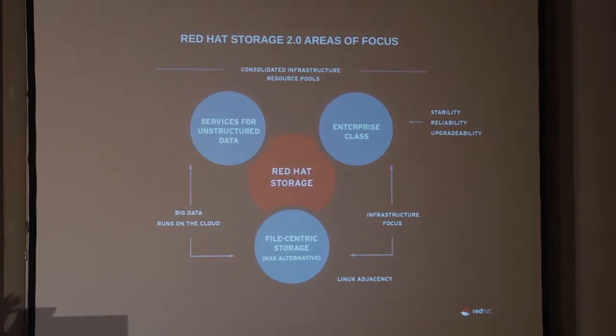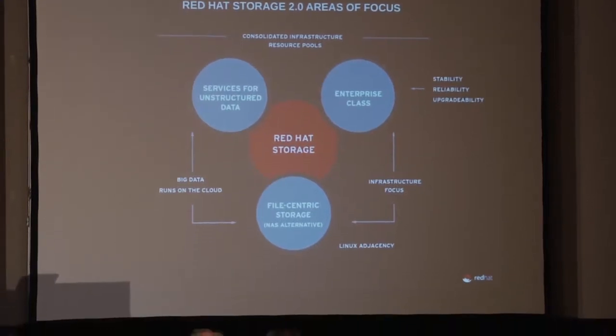So we focused a lot on that. We also focused on making it a really good NAS alternative for file sharing. So it is one of its core strengths, and we made sure we did a good job with it. So that's the big 3 foundation pillars on which we worked on RHS 2.0. And then I'll hand the mic over to Vijay to take you through what we exactly did.